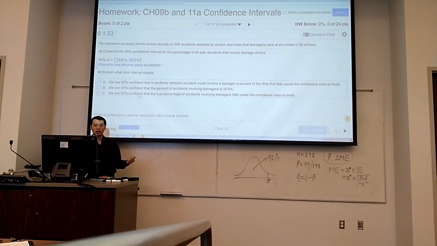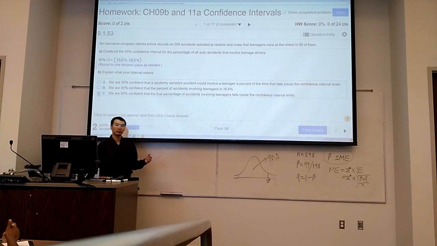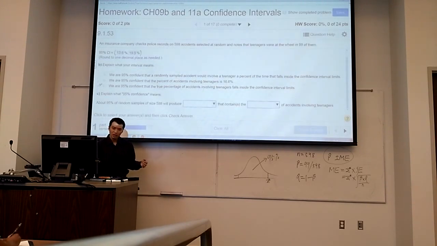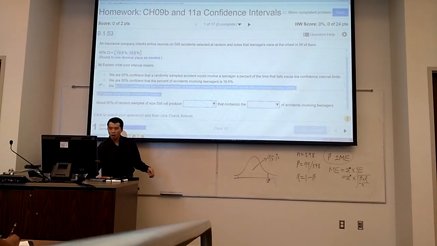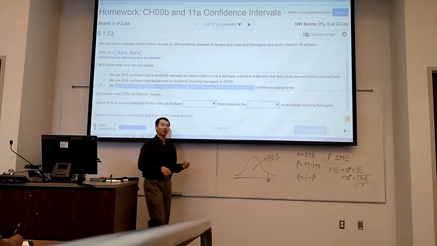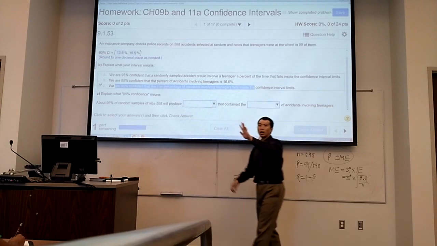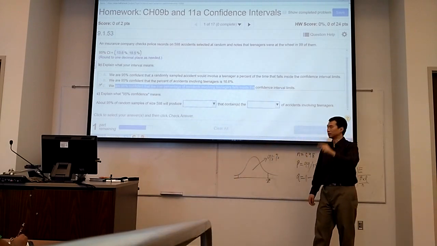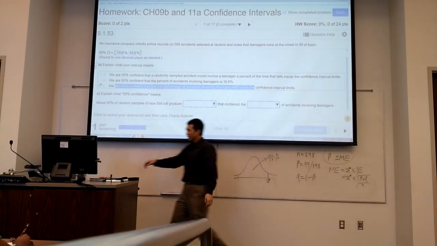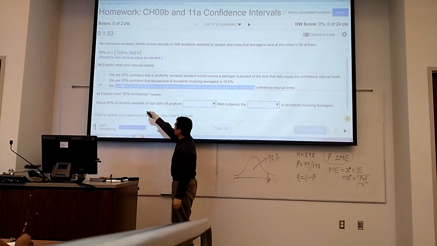The third one, we are 95% confident that the true percentage of accidents involving teenagers falls inside the confidence interval limits. So this is how we explain the confidence interval. There are several key pieces of information you need to mention. The first key element is your confidence level.